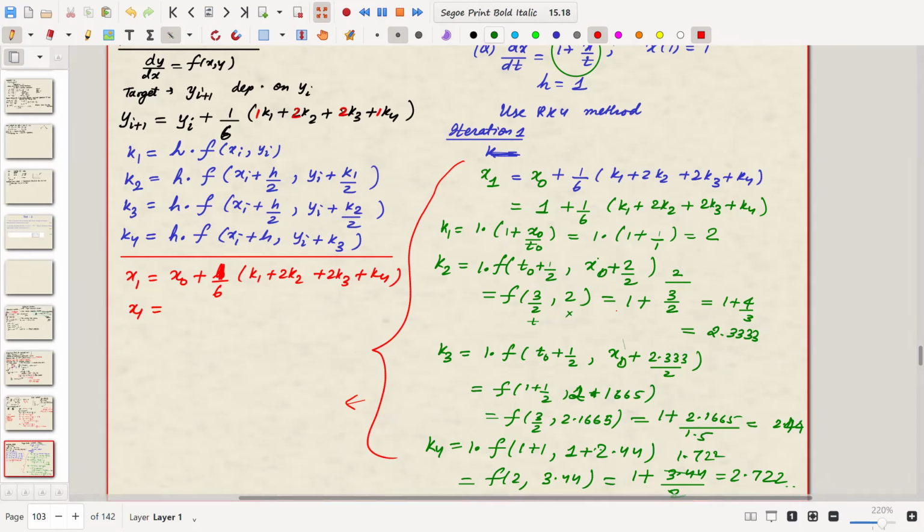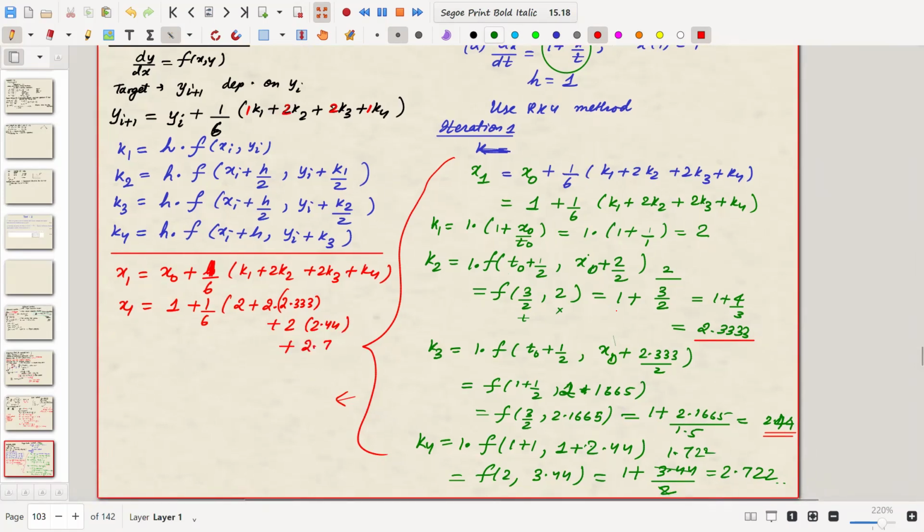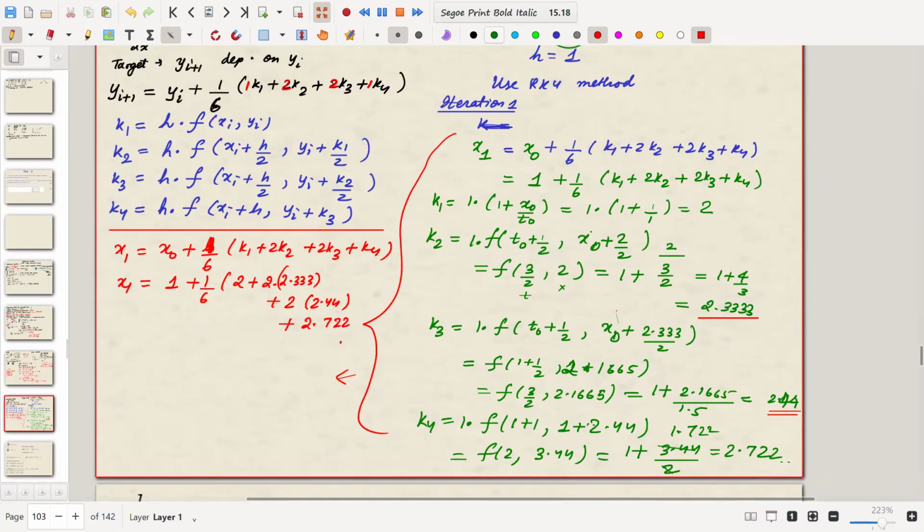So x1 is equal to x naught, you already know it is 1, plus 1 by 6 times k1. What is k1? 2. 2 times k2. What is k2? 2.333, plus 2 times k3, 2.44. What is k4? 2.722. Can you tell me this value?